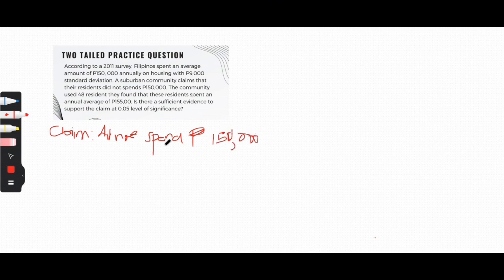Our two-tailed practice question. First, we're going to identify the claim. The claim here is that they did not spend 150,000. So we can write it as not equal to 150,000.